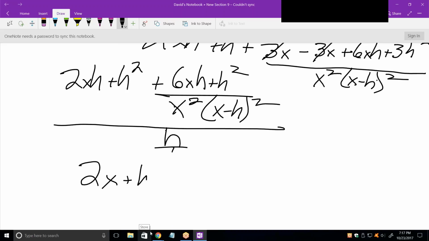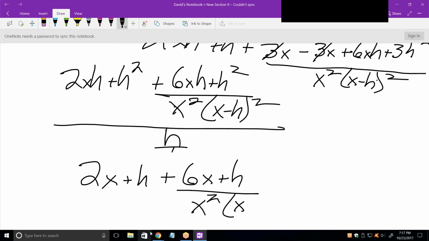I still have one h there, plus 6x plus h, and I still have that denominator. And I've gotten rid of the h that was in my original denominator.